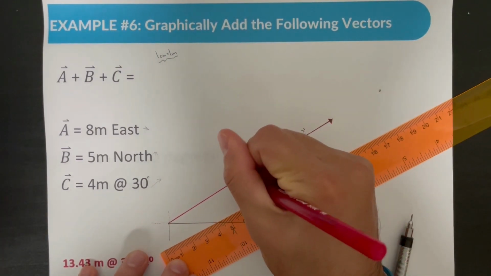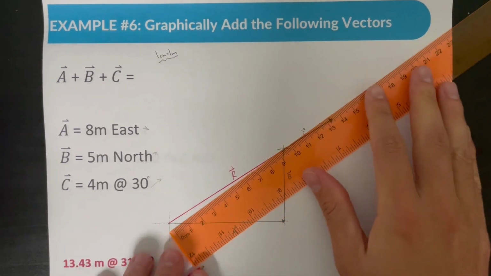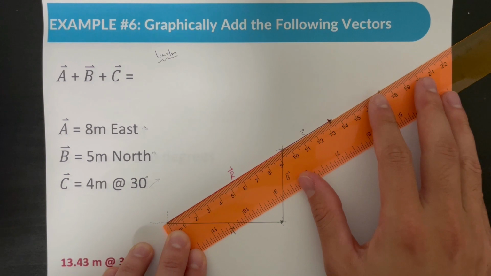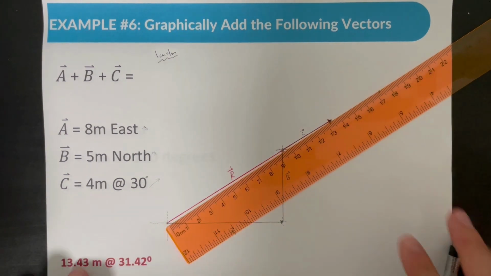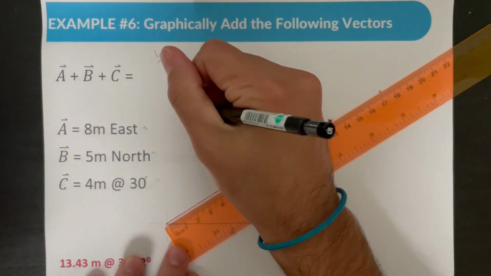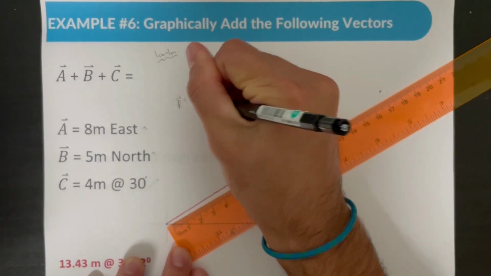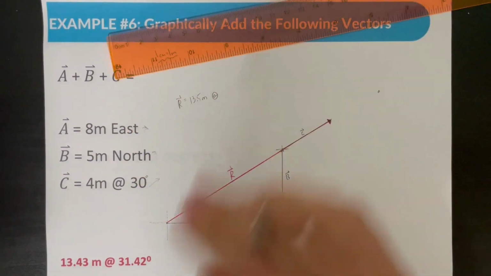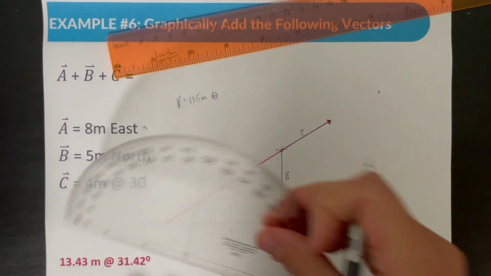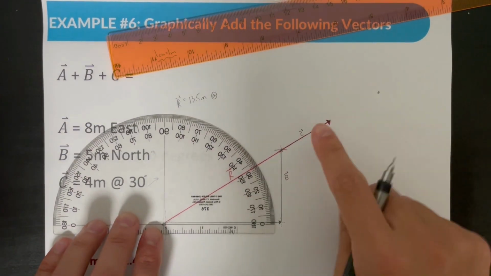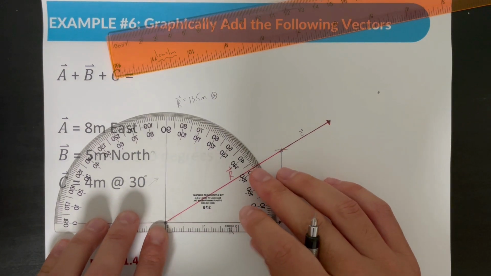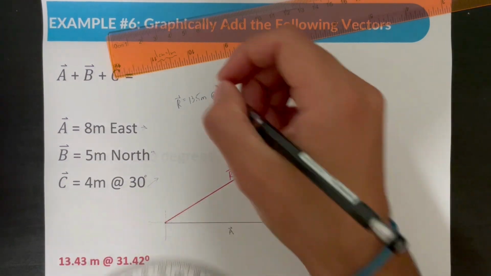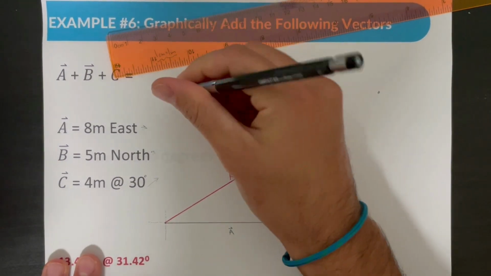Okay, resultant vector, and let's measure it. 13.5-ish, that's what it's looking like. Resultant vector equals 13.5 centimeters, which is meters, at angle, like I said, close to 30, because it's going in the same direction as C. That's how I knew. And to me it looks like 32 degrees, so at 32 degrees.